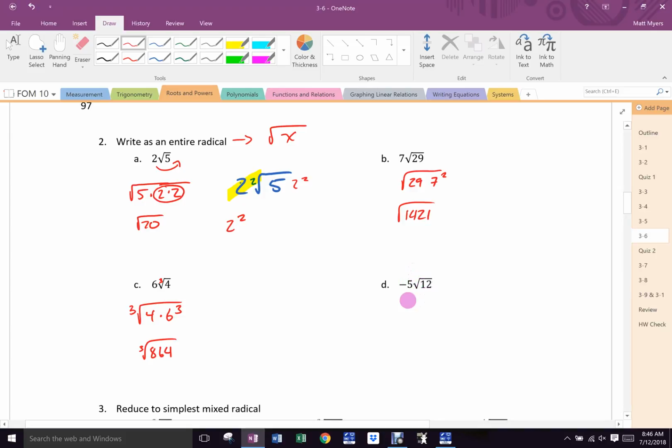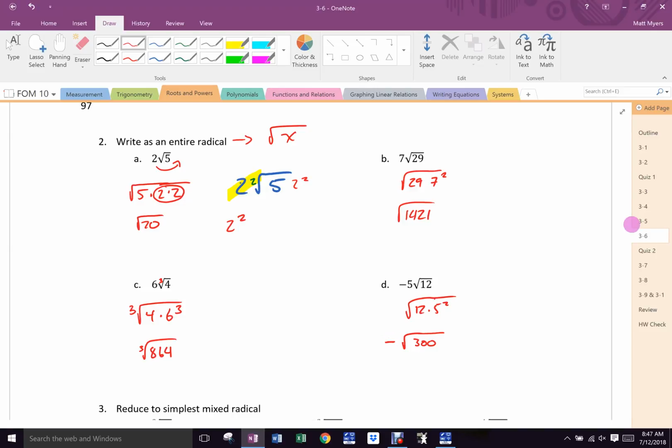So what really came out from under there? 12 times 5 squared, yes? 12 times 25 is 300, correct? But what have I forgotten here? That whole thing is negative, and that negative has to stay out in the front. Is everybody cool with the easy ones going both from whole to mixed and from mixed to whole? Everybody's good?